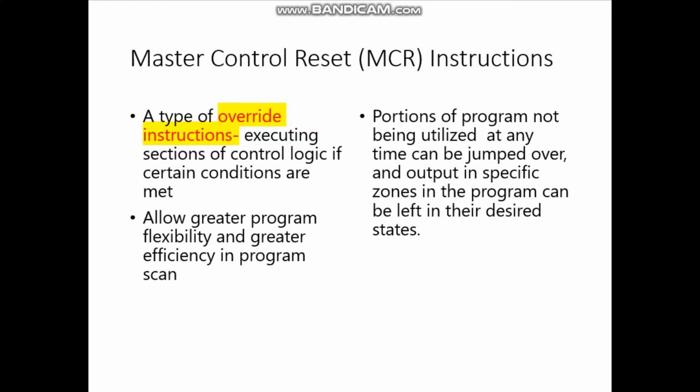So with these override instructions, you can make it shorter. The portion of the program not being utilized at any time can be jumped over, and outputs in specific zones of the program can be left in their desired states or otherwise.